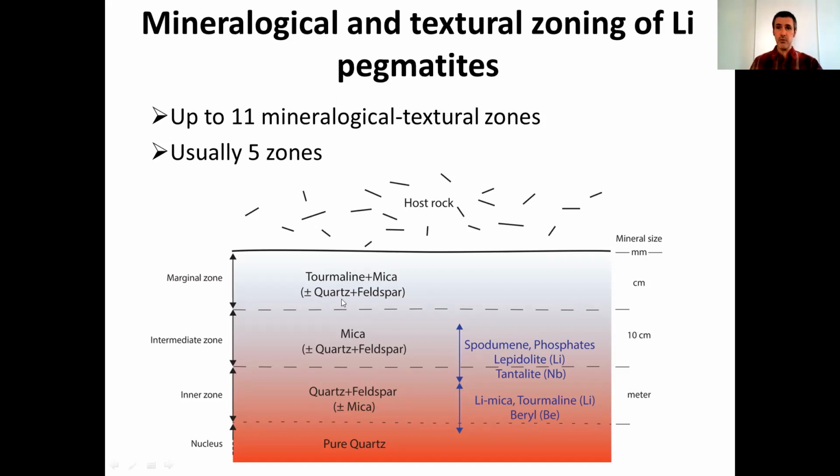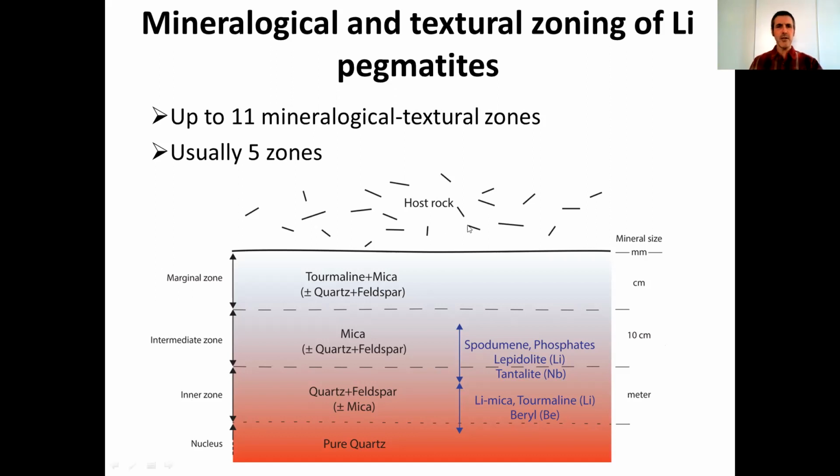Then moving toward the host rock, we reach the intermediate zone dominated by mica. We can find also quartz and feldspar. And again, the size of the minerals decreases, and we have about 10 centimeters long crystals.